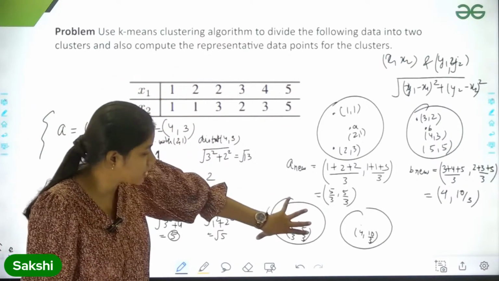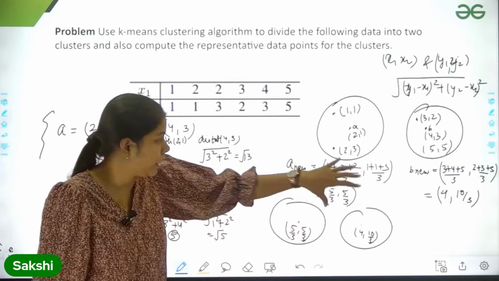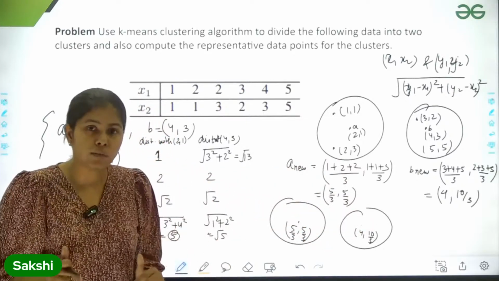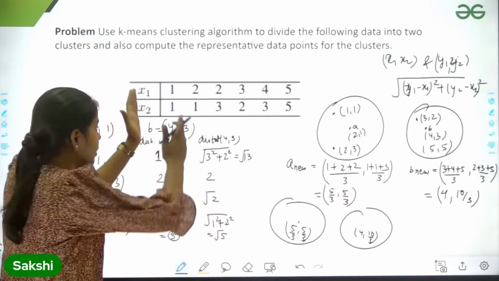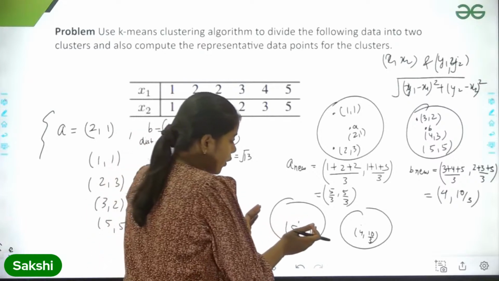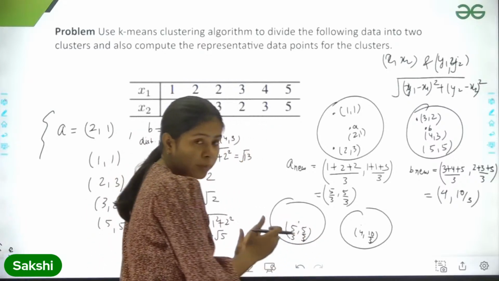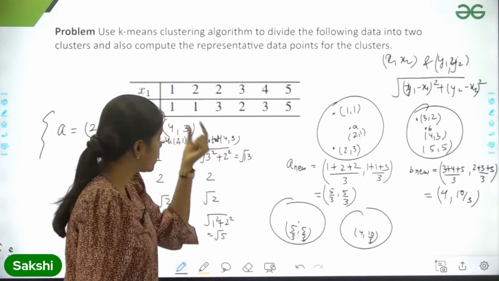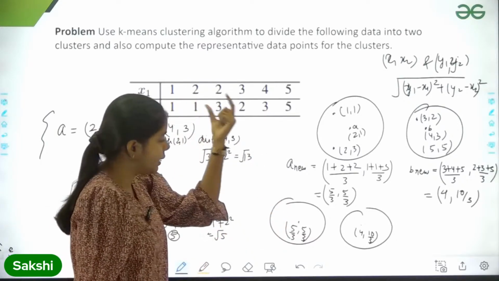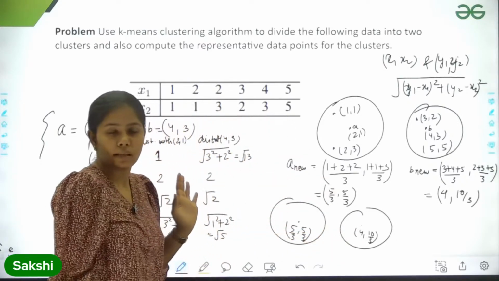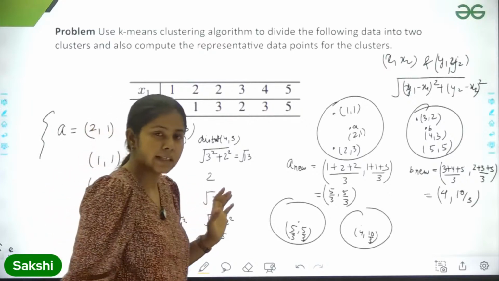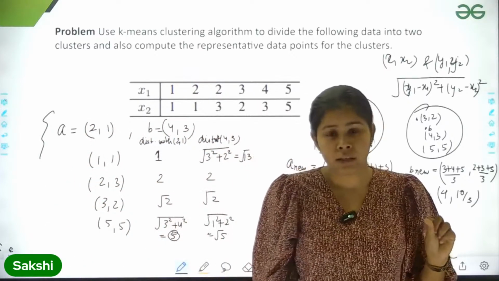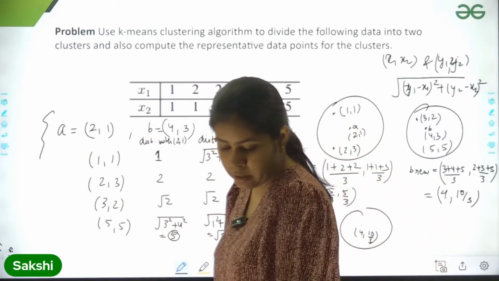Just find out the distance of the 6 points from this point and this point, and then see whichever distance is minimum. If for 1 comma 1 the distance to 5 by 3 comma 5 by 3 is minimum, then I'll put 1 comma 1 in this cluster, otherwise I'll put it in the other cluster. I'll do the same process again and again, and that's how we'll get our clusters.